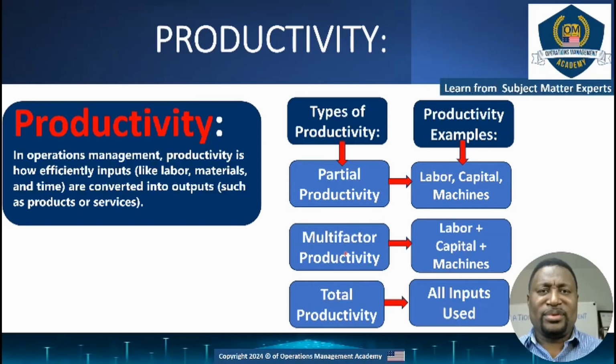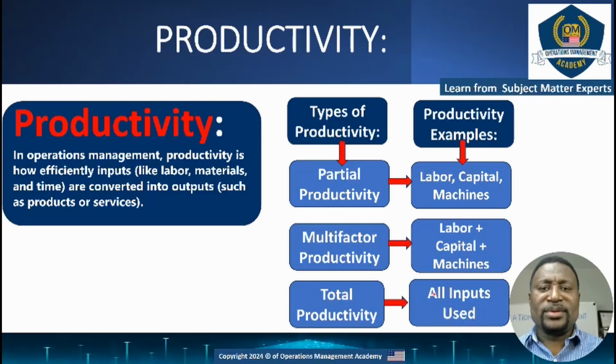Multi-factor productivity will be when we use more than one input. So we're going to calculate, for example, a multi-factor productivity that will include labor, capital, and machines, or labor, capital, and usually overhead, and so on and so on. Total productivity will be if we take into account all of the inputs that were used to get the output.